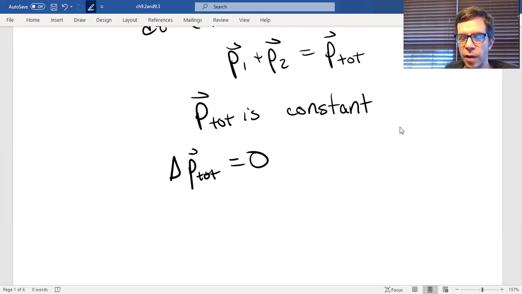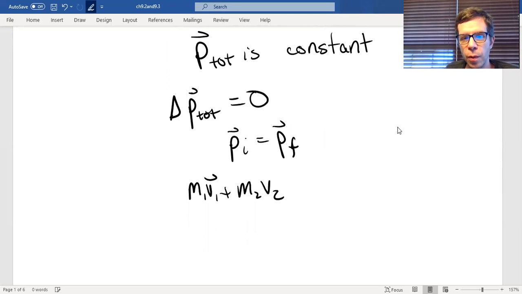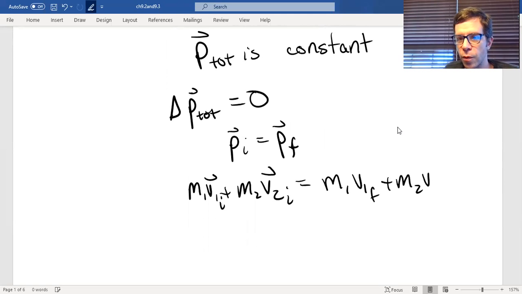So we can also present it this way. We can say that P initial is equal to P final, and we can break that into M1 V1 plus M2 V2 with initial velocities is equal to M1 V1 final plus M2 V2 final.